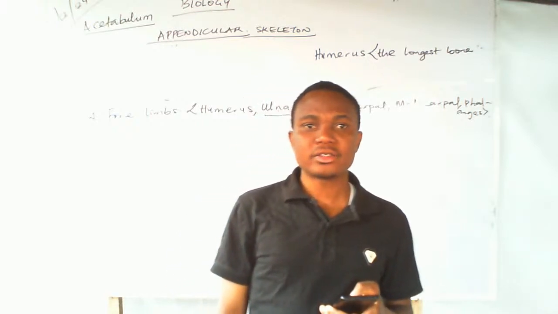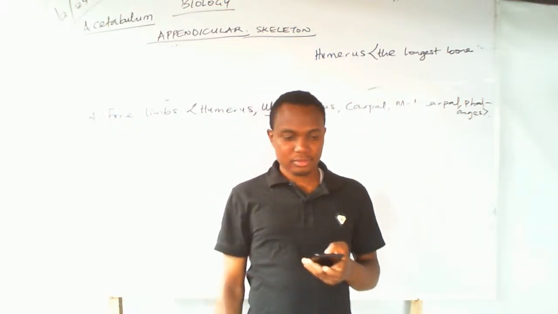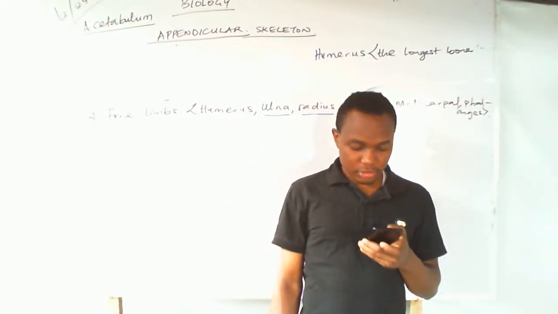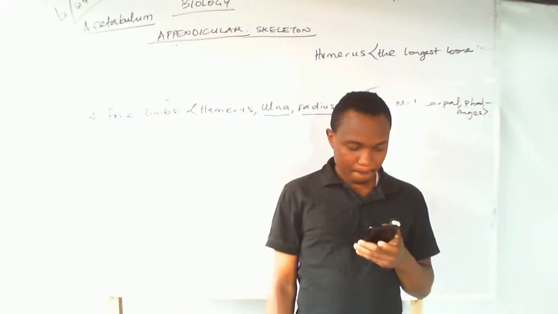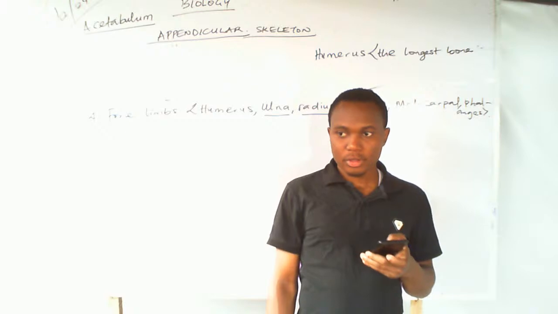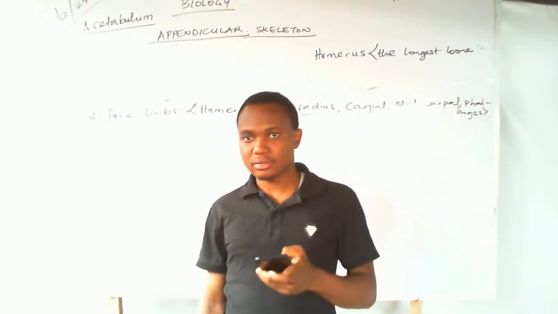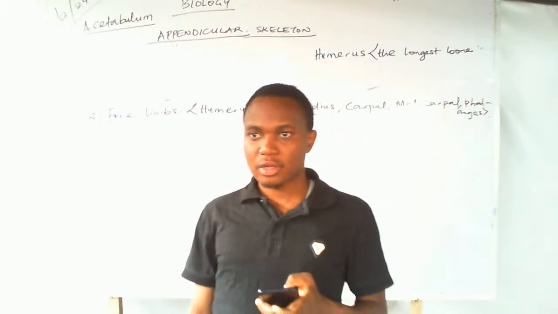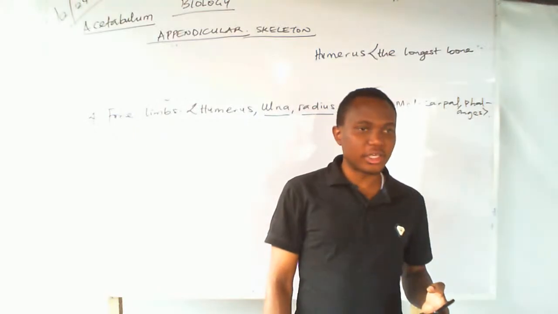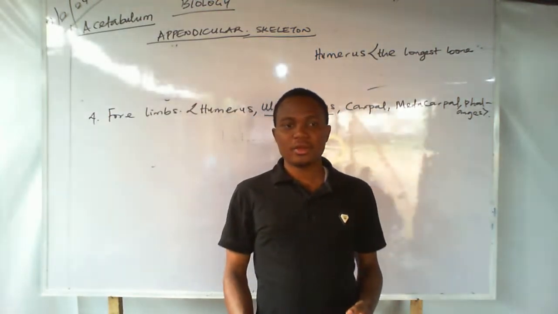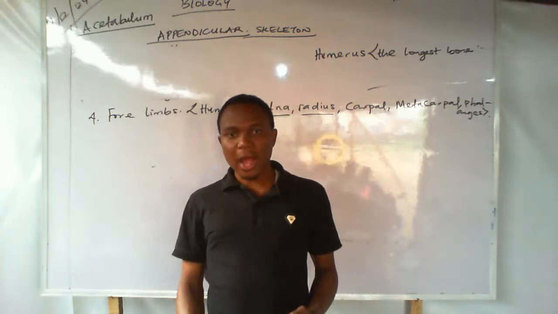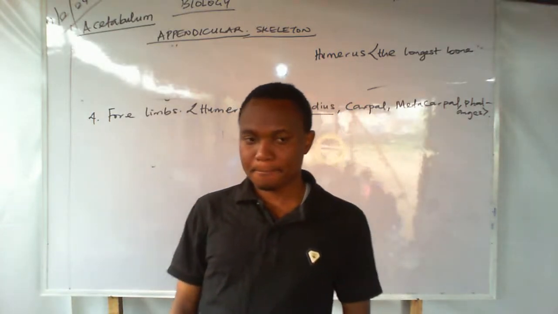The ulna is longer than the radius. Longer than the radius. And they are the bones that form the forearm.